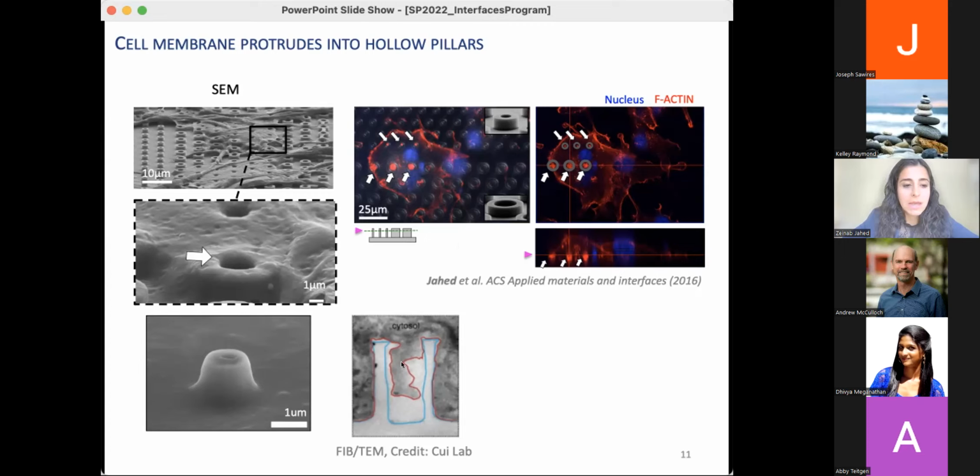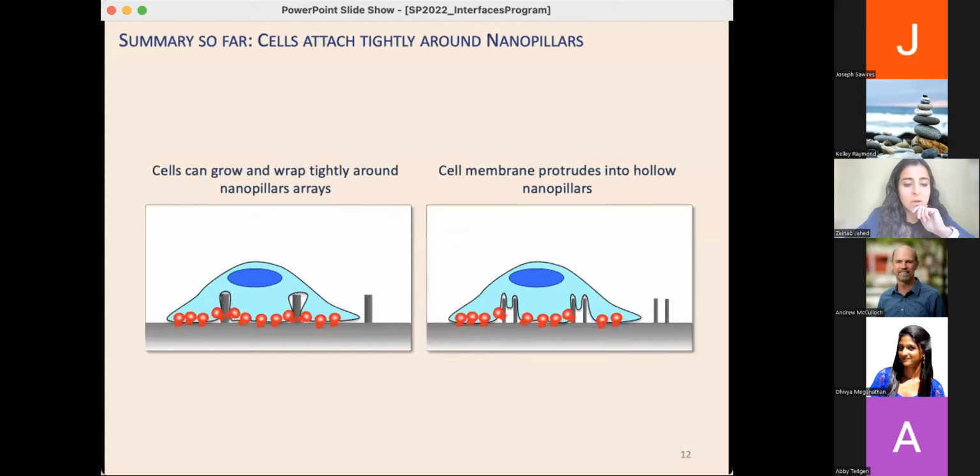And this is a focused ion beam TEM image that also shows a cell membrane can protrude into hollow pillars. So just the summary so far: some fundamental studies showed that cells can grow and wrap tightly around nanopillar arrays, and they can also protrude into the hollow regions of hollow nanopillars.